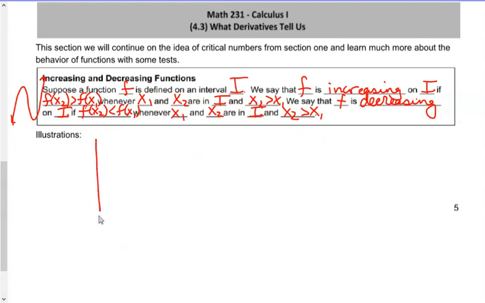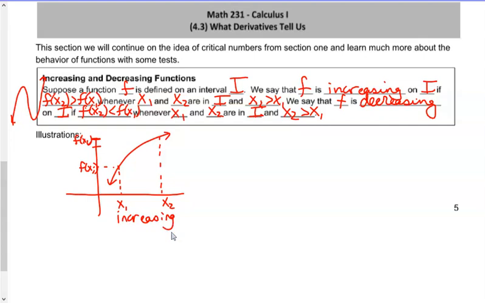So for a couple illustrations, increasing would be something like this, where maybe I let this be x sub 1 and this be x sub 2. So x sub 2 is bigger than x sub 1. Therefore f of x sub 2 should be up here a little bit more. f of x sub 2 is bigger than f of x sub 1 when we are increasing on our function.